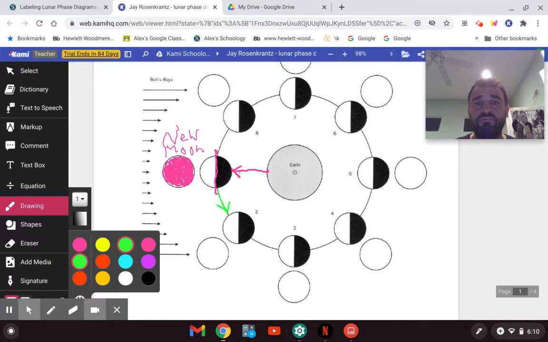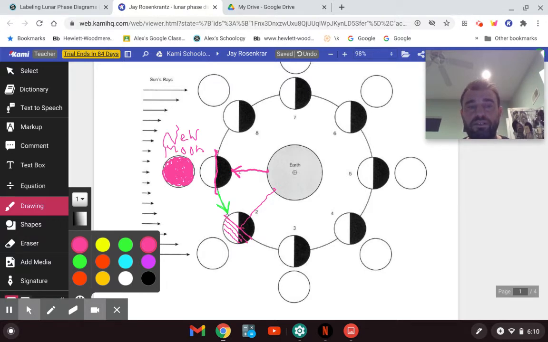So now the moon is going to move to position 2. So now this observer on Earth, if they look up at position 2, they can only see the half of the moon that's facing Earth. So most of this lit portion of the moon that I'm shading in here with these little blinds is not going to be visible.